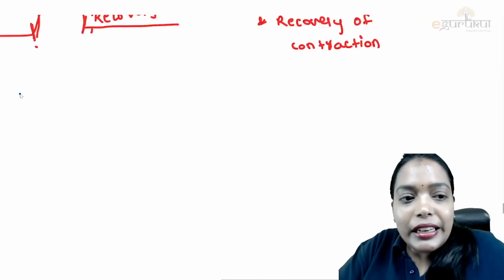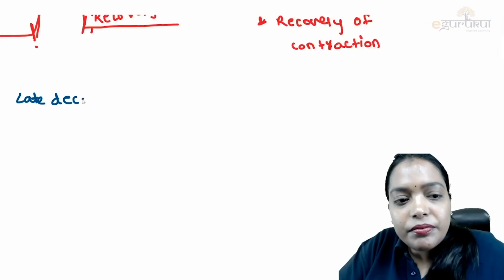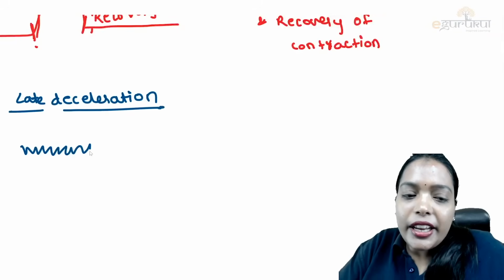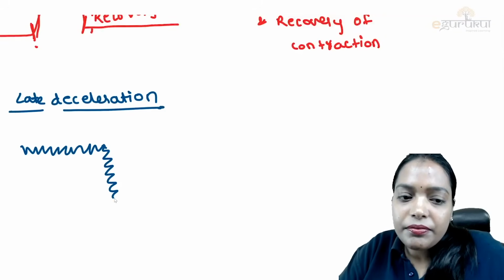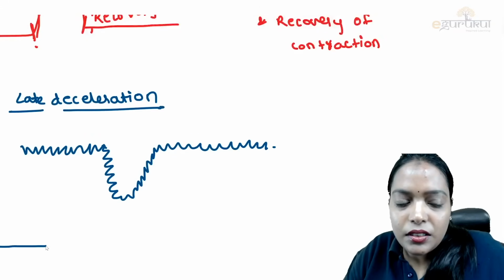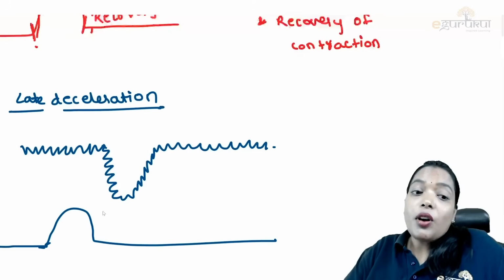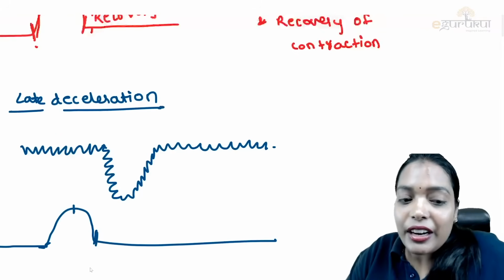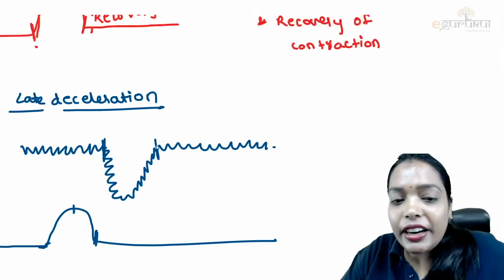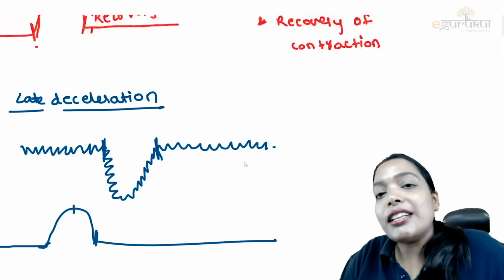Next, late deceleration. So late deceleration is, after the peak and recovery of the contraction, there is onset and recovery of the deceleration. Then we call it late deceleration.